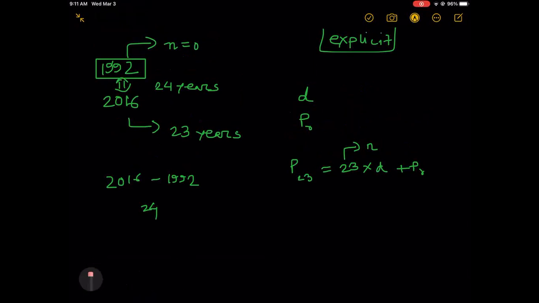I think that's a mistake in the book. I can't see why they have used 1993.